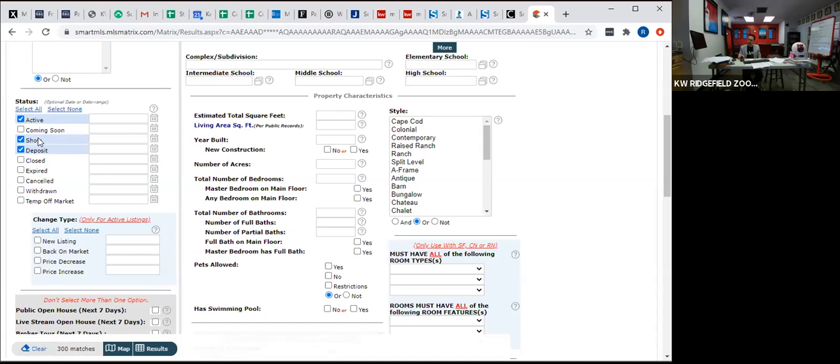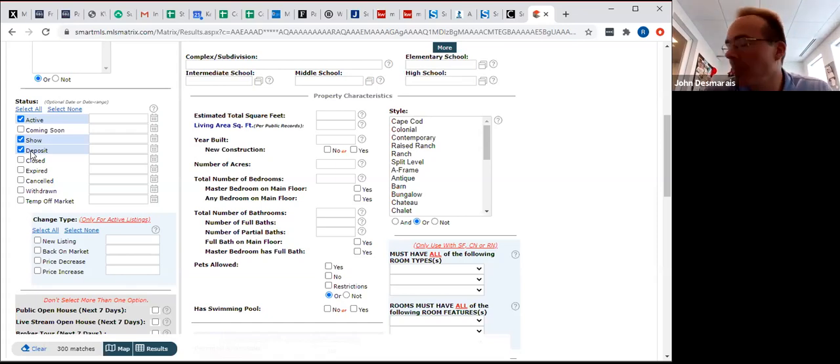So now you've got 138 divided by 300. You've got a 64% under agreement rate. So 64% of all the properties that aren't closed yet are under agreement. P.S. That's an enormous percentage. It kind of shows the velocity of things.